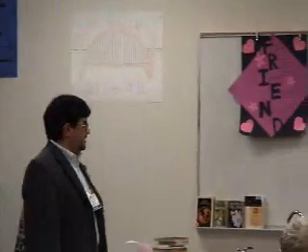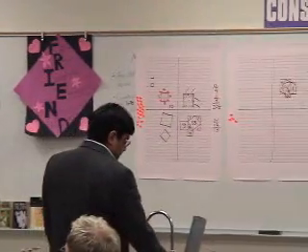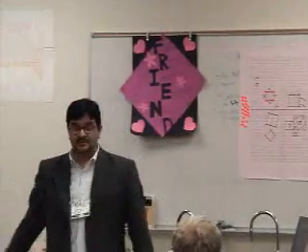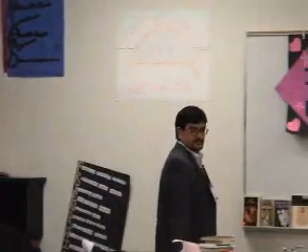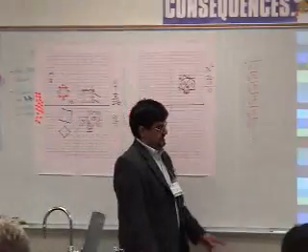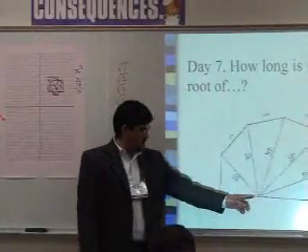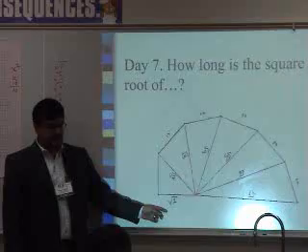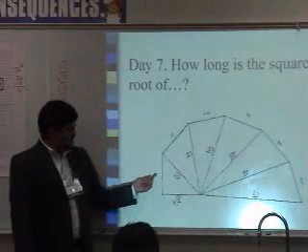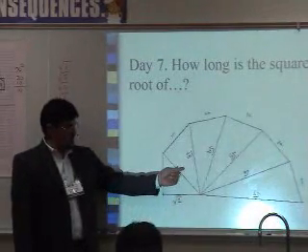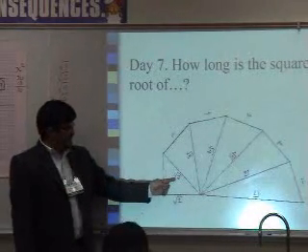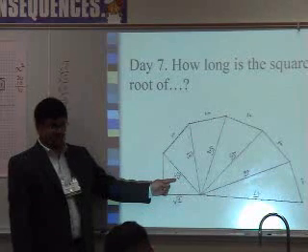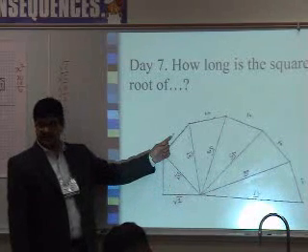Of course, they had already discovered Pythagoras' theorem, and they created this beautiful drawing. This is 1, and this is 1, because the square root of 1 is 1, right? So 1 squared plus 1 squared is 2. So this is the square root of 2. This squared is 2. 2 plus 1 is 3.